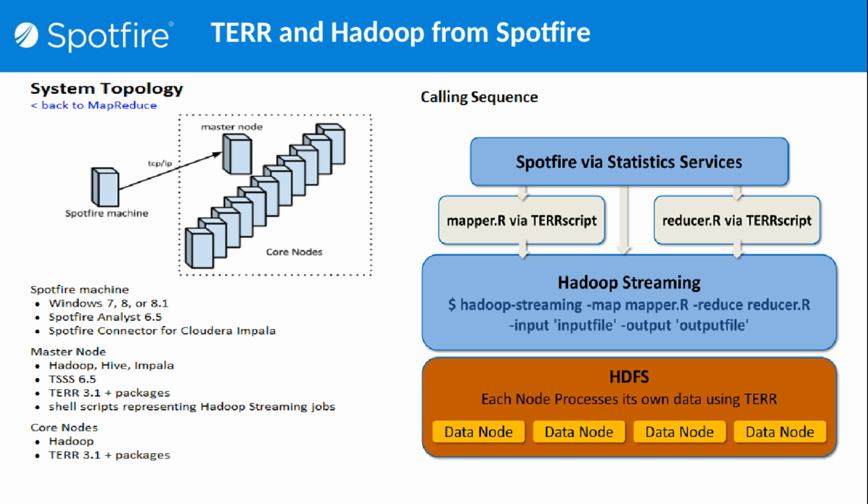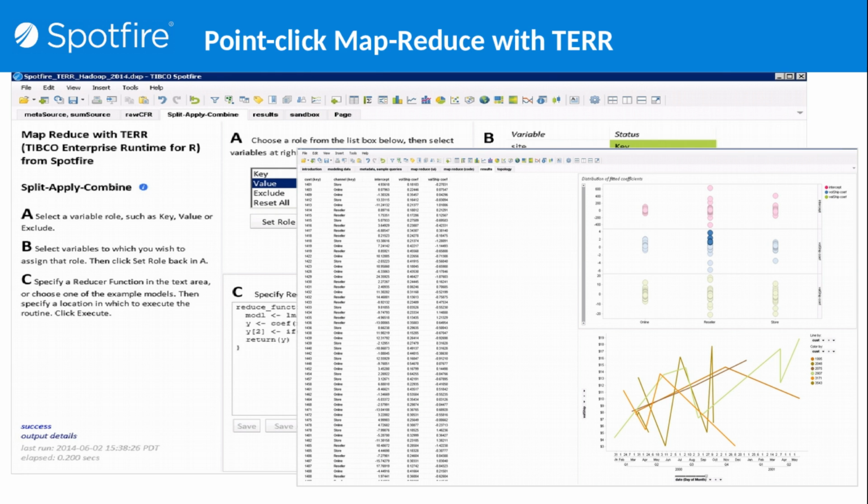So what we do is install TERR on each of those data nodes so that each piece of TERR will run the calculations on its own piece of data. So the end user will just interact with a click point selection of the specific steps he wants to run on the server. So I'll go back a slide.